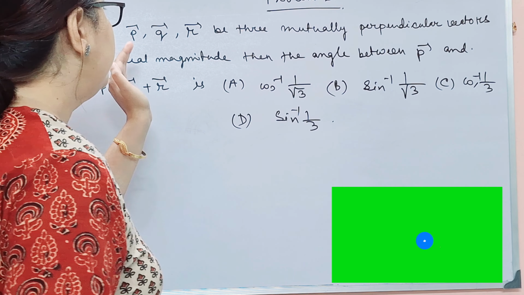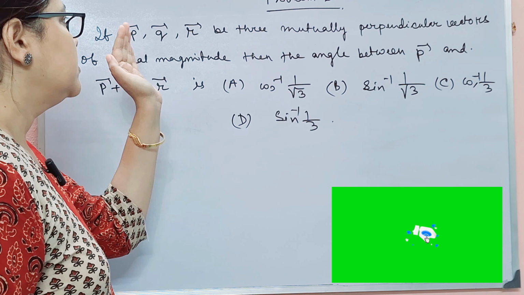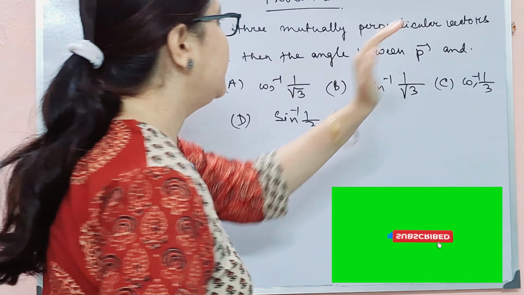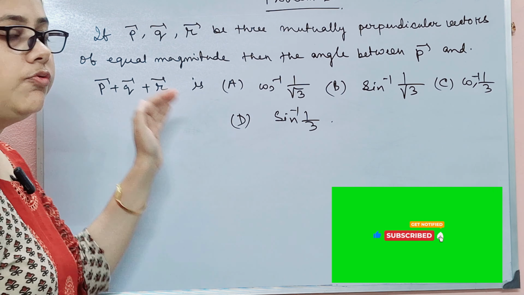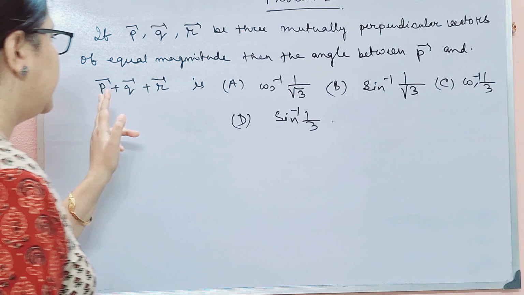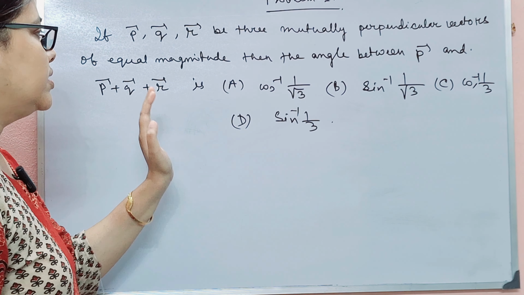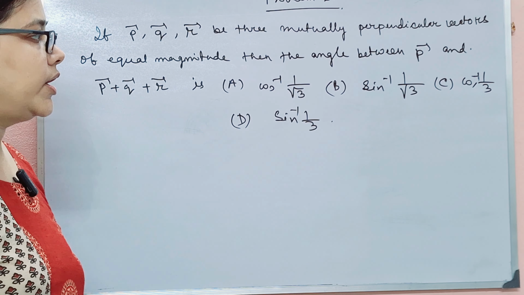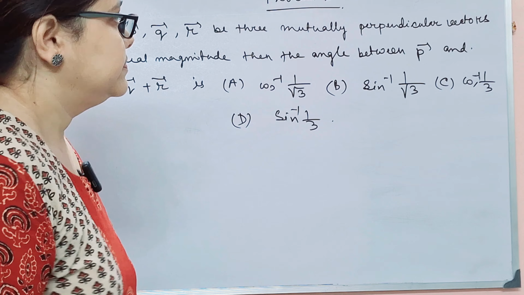Problem 1. If P, Q, R are three vectors and these three vectors are mutually perpendicular vectors of equal magnitude, then the angle between vector P and vector P plus Q plus R is, these are the four options, and you will have to find out the correct option.